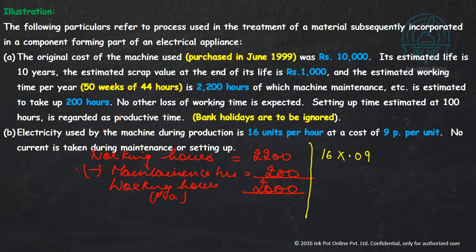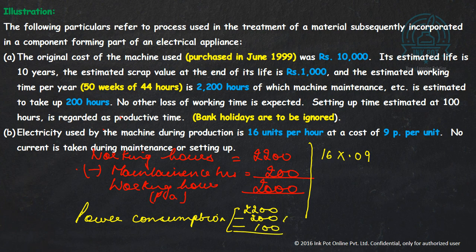So for the purpose of power consumption, we will take 2200 minus maintenance hours, that is 200, minus setting up time, because no current is taken during maintenance and setting up time.